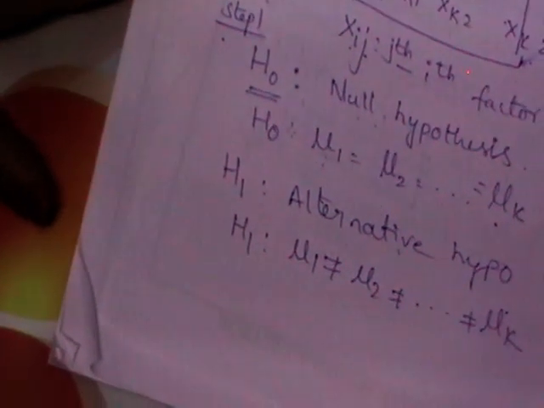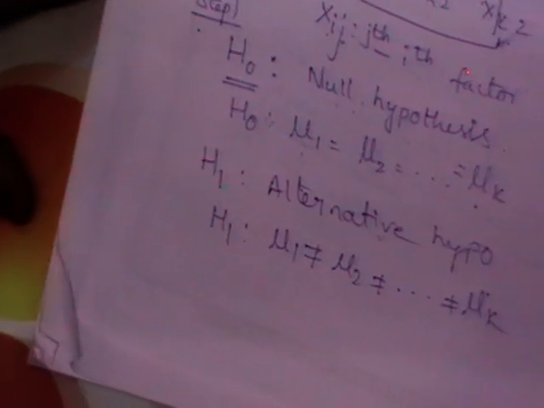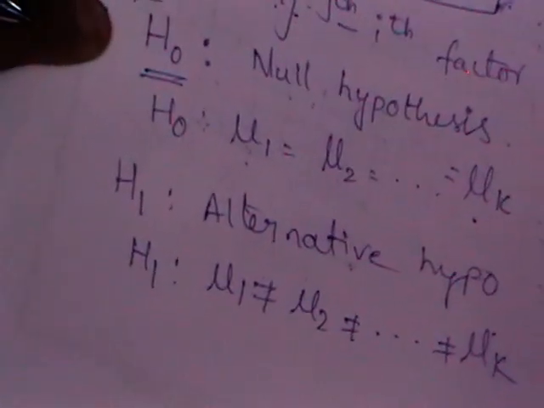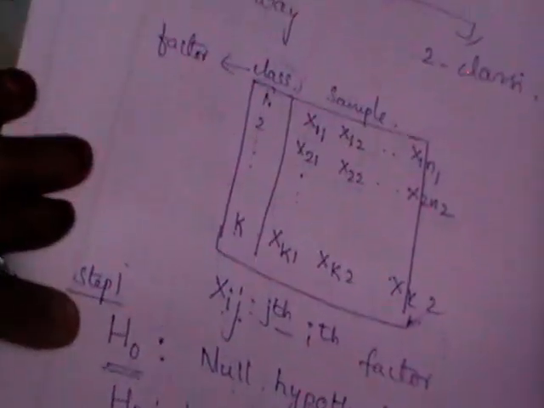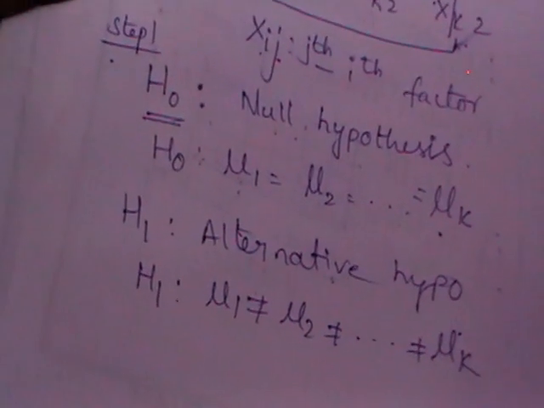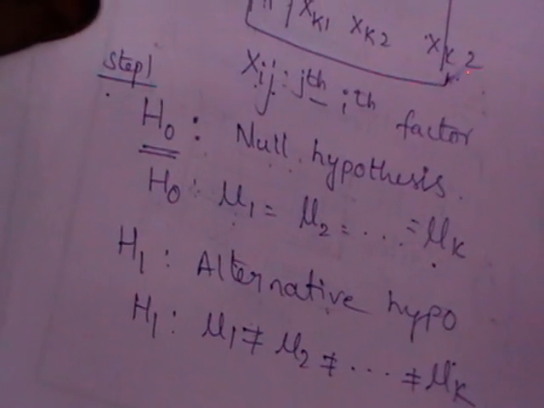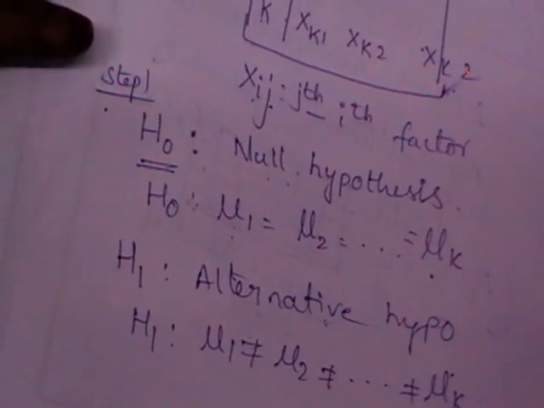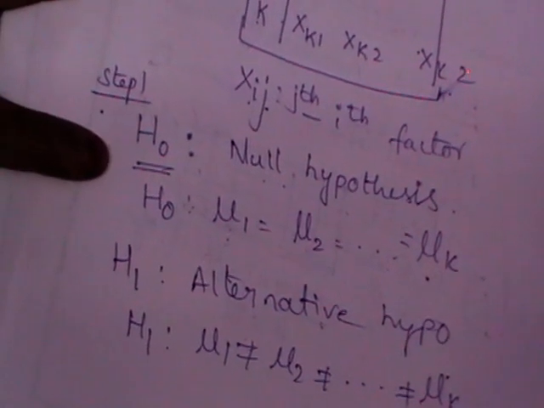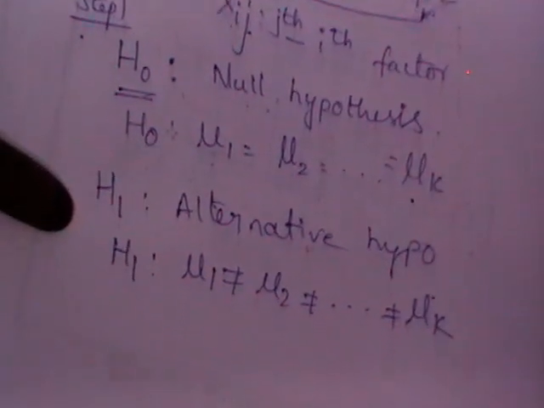So at last, after performing the ANOVA, analysis of variance, either H0 may be true or H1, but not both. So under ANOVA for one-way classification with a single factor, the first step is to write the null hypothesis. This is the way of writing the null and alternative hypotheses.